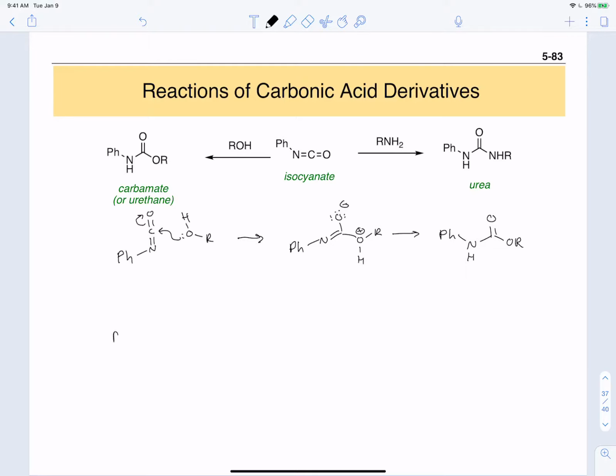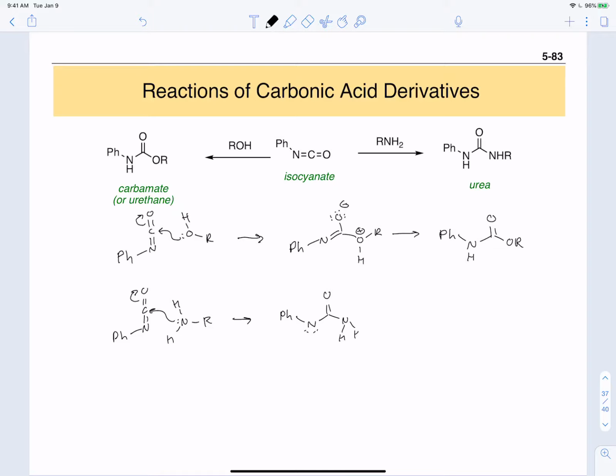The same process would happen with an amine. Now we're going to have an even better nucleophile. This could be a primary amine or a secondary amine. And this will be able to add in, just to show that we could put the negative charge on either of the atoms. These simply represent resonance structures.